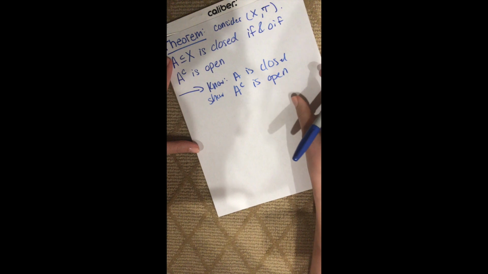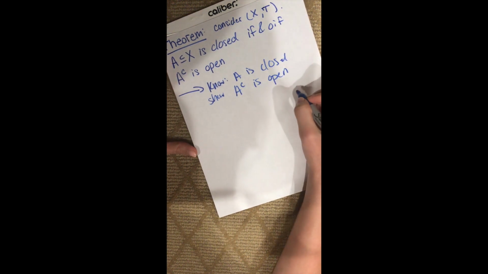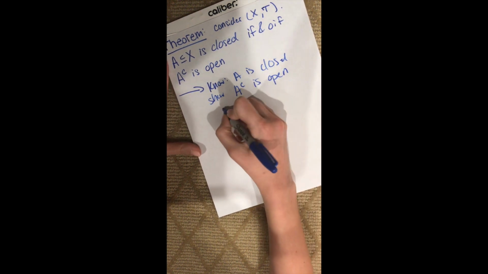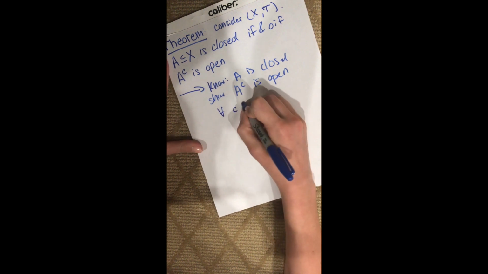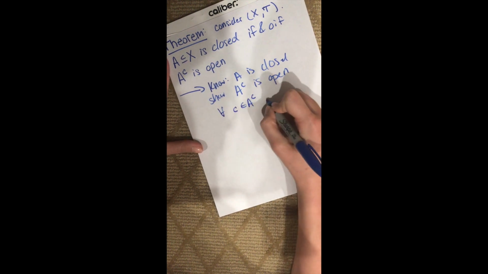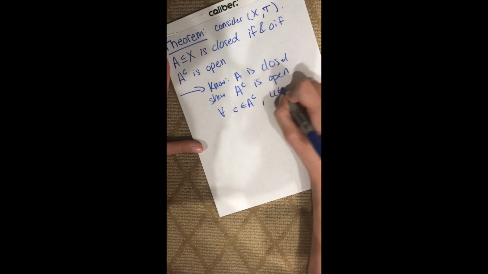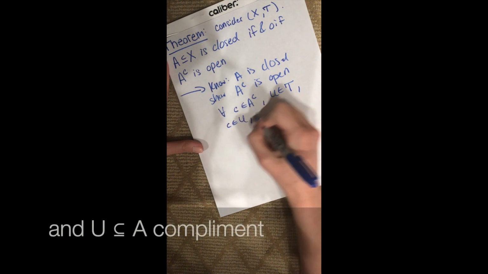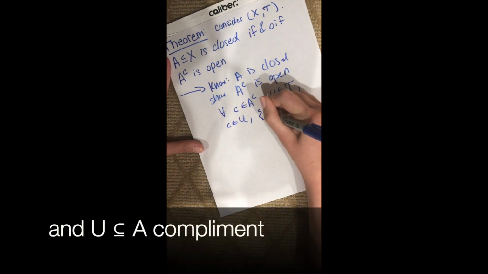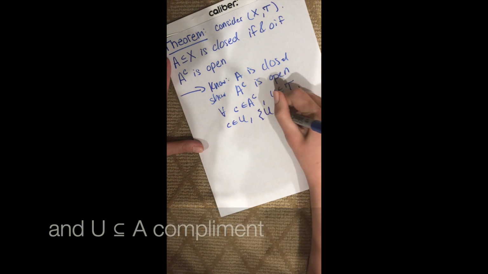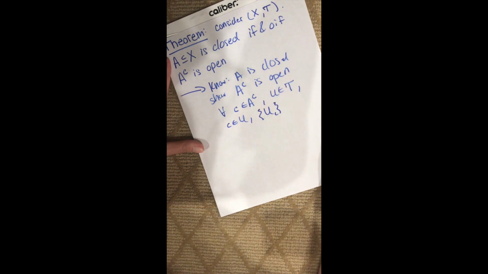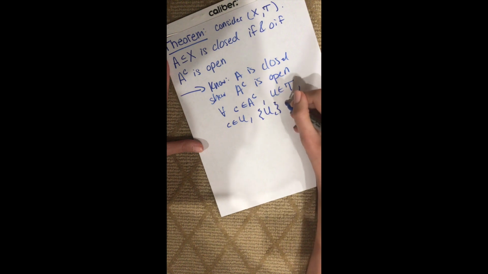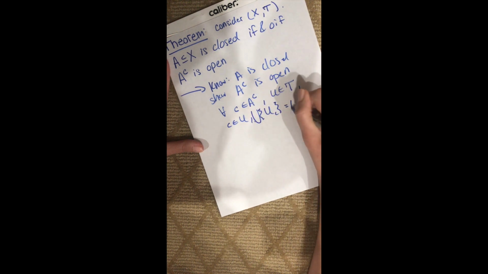The way that we're going to show that the complement is open is by showing that for all points c in the complement, we have an open set such that c is in the open set. Then we're going to union all of these open sets over the points in the complement, and we're going to end up getting the complement.